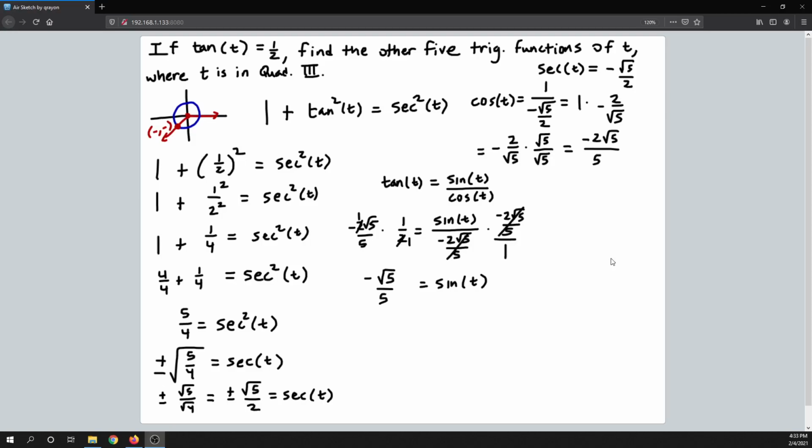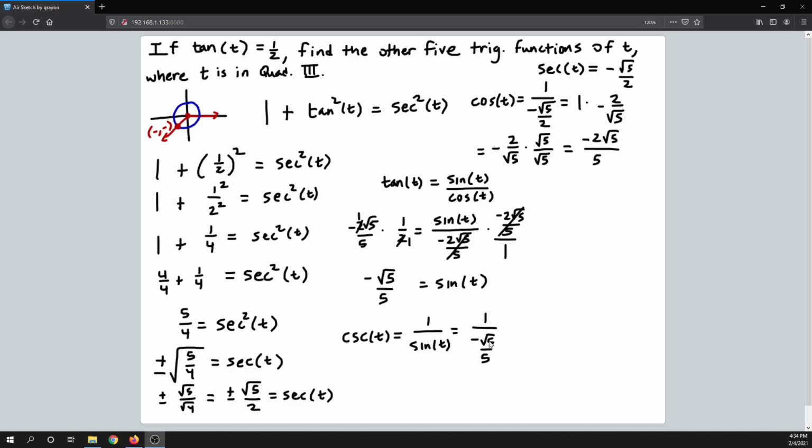Okay. Next up, I am going to do the cosecant. All right, and for the cosecant, I'm going to use the fact that it's 1 over the sine, right? And I know what the sine is. The sine is minus square root 5 over 5.